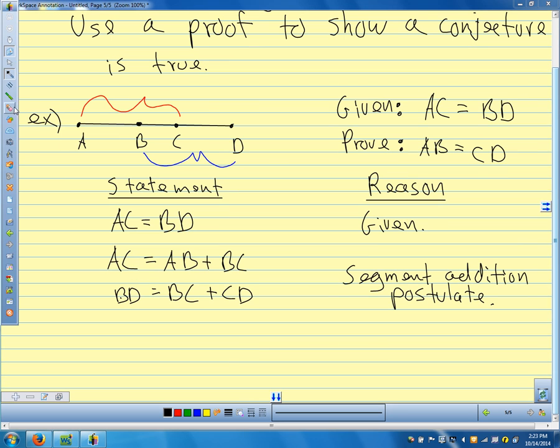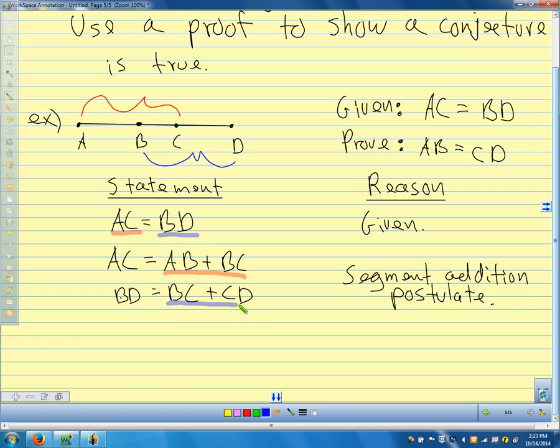All right, so let me use a highlighter here. Here is AC. And this tells me that this is the same as AC. And here is BD. And this tells me that this is the same as BD. So what I want to do is take this and put it right there. And I want to take that, and I'm going to make that blue, and put it right there.